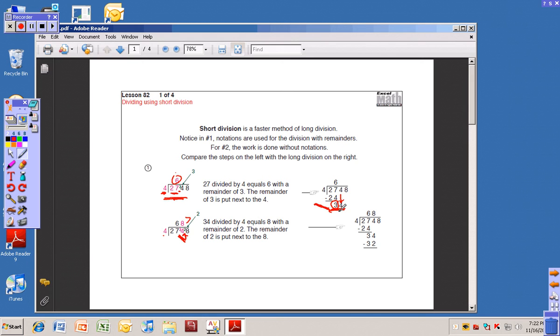Same thing with the second step: when you did 4 times 8 is 32 in your head, here's the 32, and then when we subtract we get a 2, and that joins with the 8, 28. It's the same thing that we see on this other one over here with the little small notation, the shortcut method.